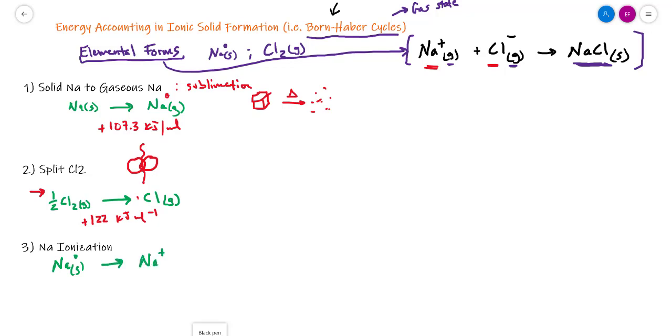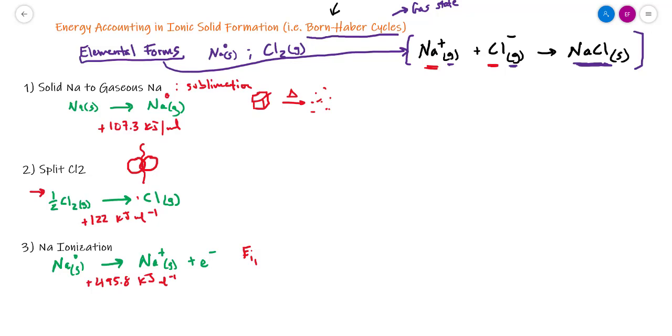That's going to make sodium ion gas plus an electron. We know this to be the first ionization energy, and that is going to have an energy of +495.8 kilojoules per mole.